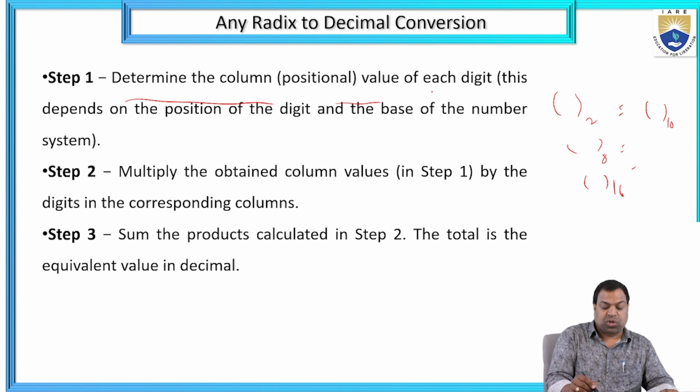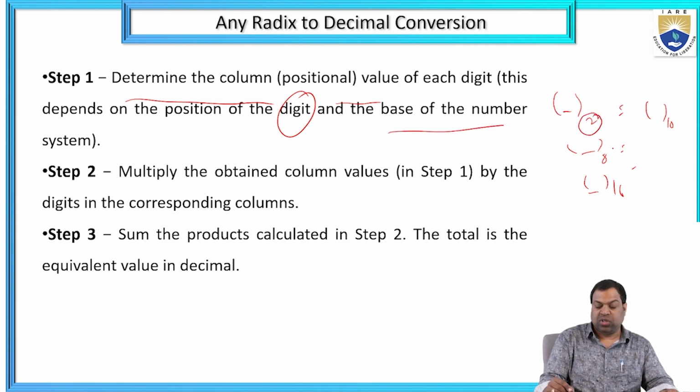First, to determine the column or positional value, each digit depends on the position of the digit and the base of the number. What is the base? Suppose I am taking base 2 here, base 8 here, and base 16 here. I have to convert to decimal, which is base 10. Then multiply the obtained column values in step 1 by the digits in the corresponding columns, so we multiply with the base value.